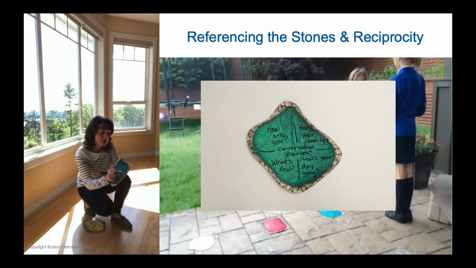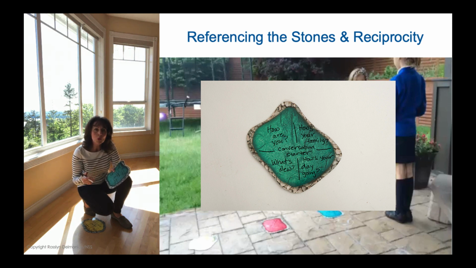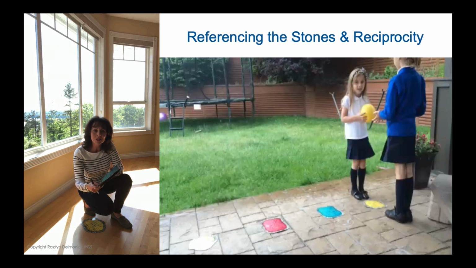Now that's not a generic one, that's a very specific or a stylized one because we use that one with known partners. But that's how we can take these stones and start off with generic examples, and then as the kids get into the pattern of using them, we can help them stylize their questions for specific situations.